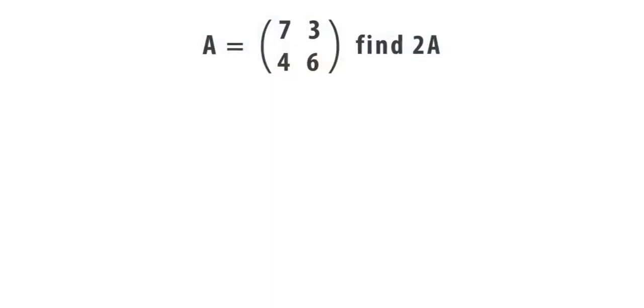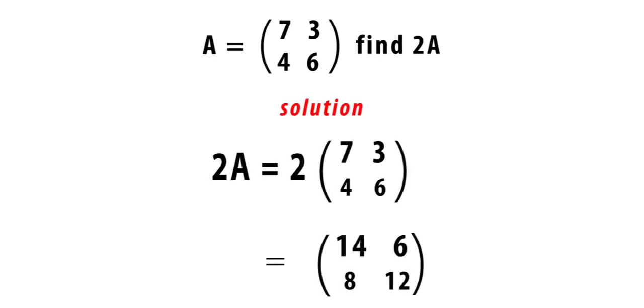Let's take an example. The matrix A is equal to 7, 3, 4, 6. Let's find 2A. 2A means 2 multiplied by the matrix A. And so that will be equal to 2 multiplied by 7, 3, 4, 6, which will give us 14, 6, 8, 12.